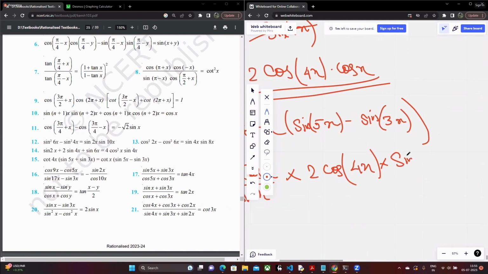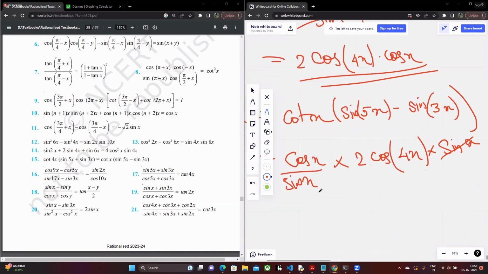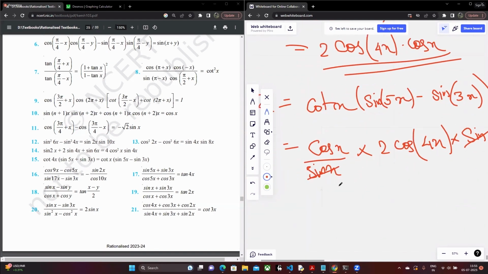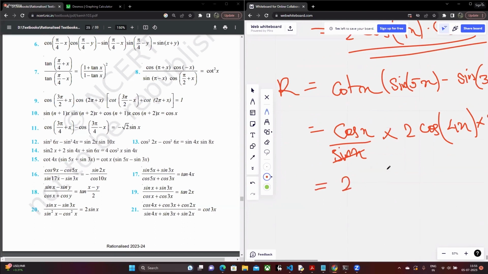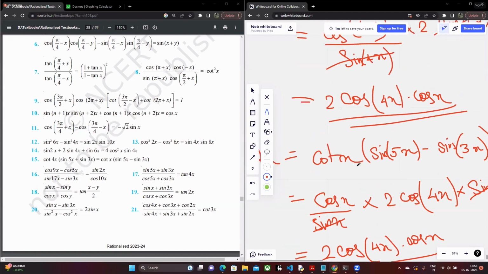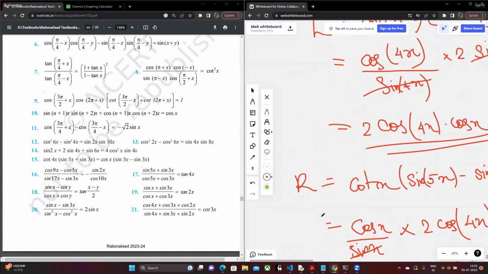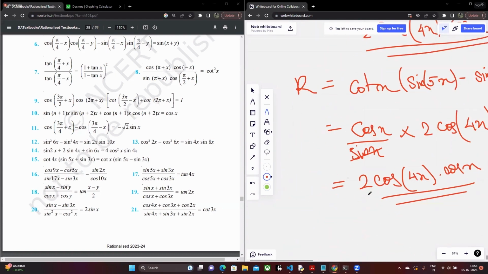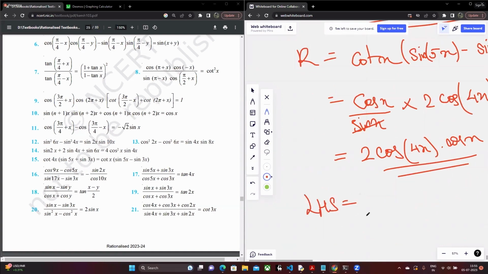All right, this is going to be sine of x. Sin x and sin x is cancelled. This is again equal to 2 cos of 4x multiplied by cos x. Right? You can see that the reduced form of the left hand side and the reduced form of the right hand side are equal. Therefore, you can say that LHS is equal to the RHS. Therefore, you have the statement.